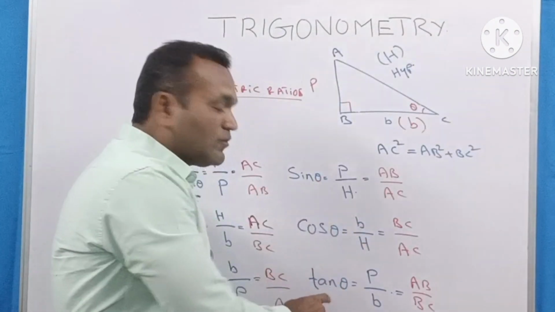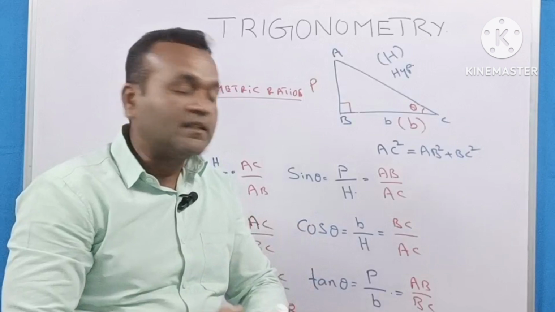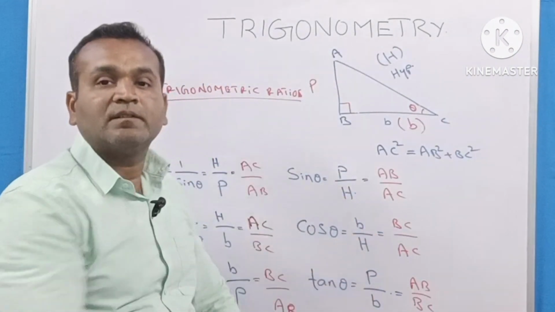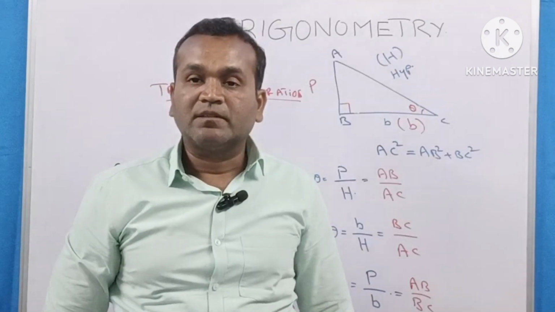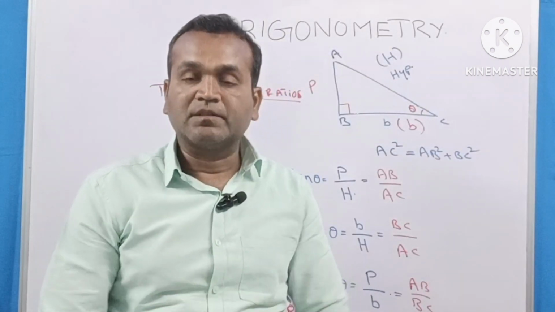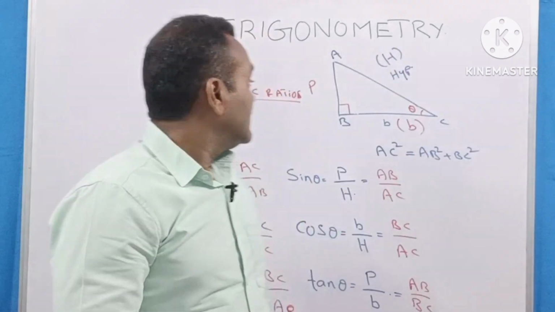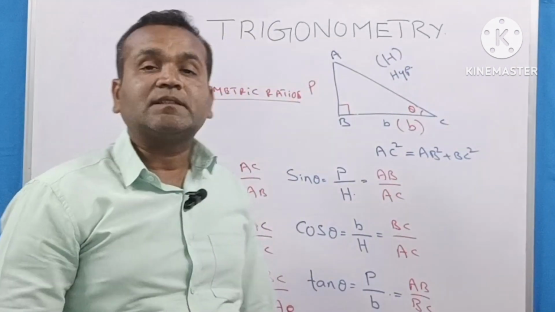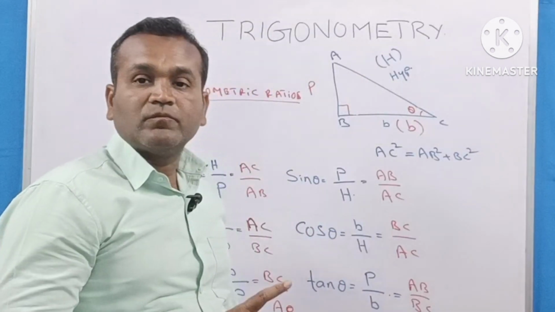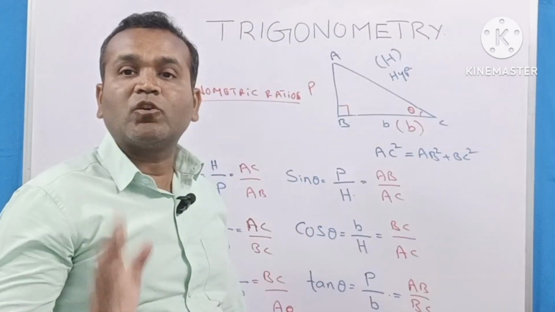If you have these three, then the other three are very easy, you just write them in the opposite direction, in reverse. Okay guys, so these are the formulas. Now the next step is a very important thing, that is the trigonometry table.